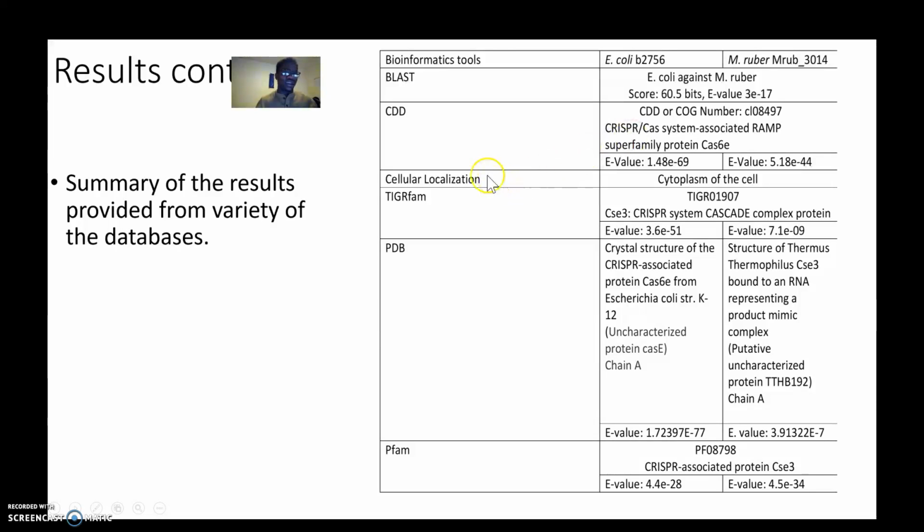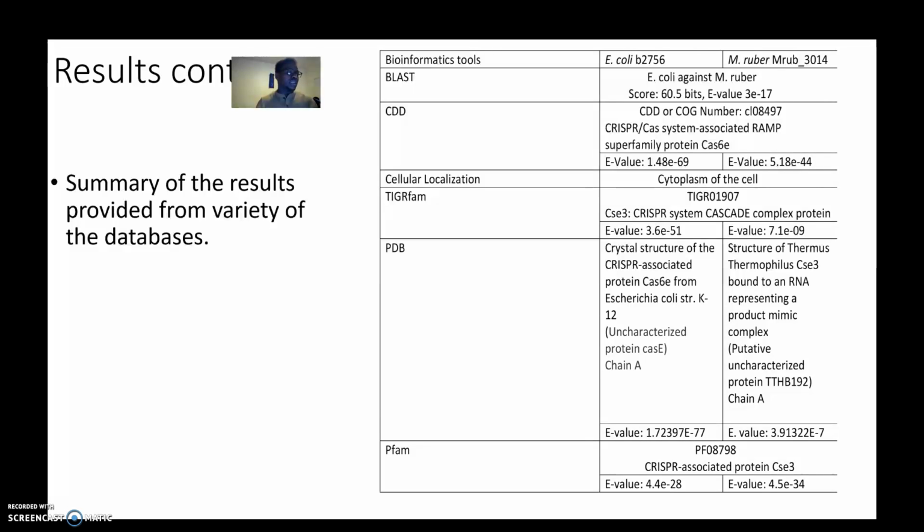The second row shows the result from the CDD database. According to the CDD database, mROB 3014 and E. coli B2756 code for proteins known as CRISPR-Cas system associated RAMP superfamily protein Cas6E, and both genes belong to the same superfamily, which is identified by the clan number C108497.